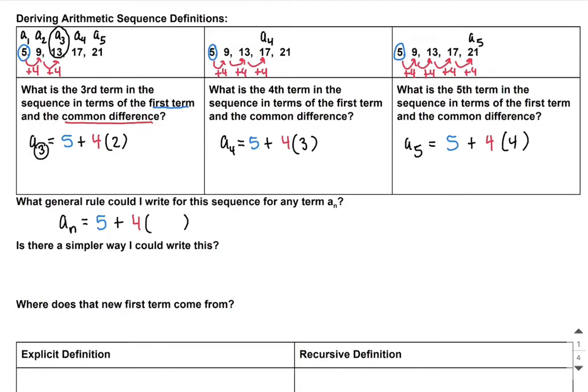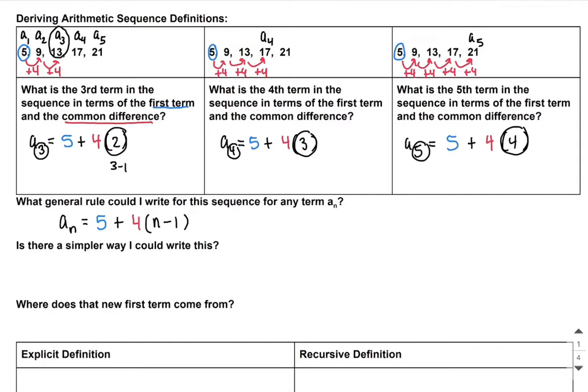So in this example, I was looking for the third term, and I added 4 2 times. I was looking for the fourth term here, and I added the common difference 3 times. And then here, I was looking for the fifth term, and I added the common difference 4 times. The pattern I see there is that I'm adding 4 one less time than the term position. So if I have a sub n, I would be multiplying 4 times n minus 1.